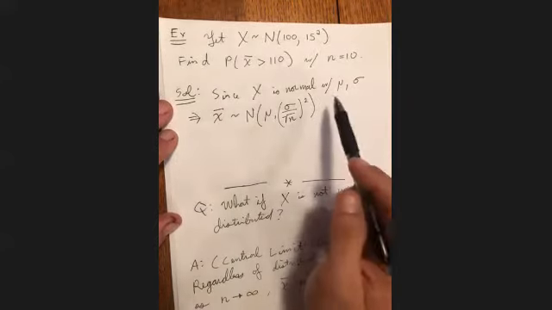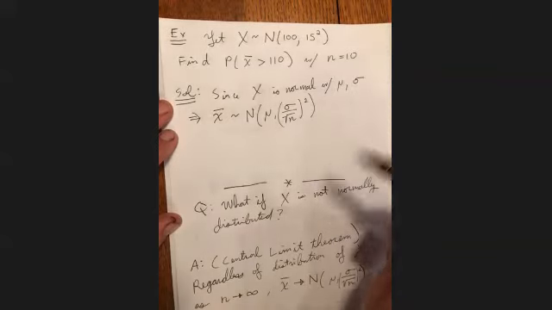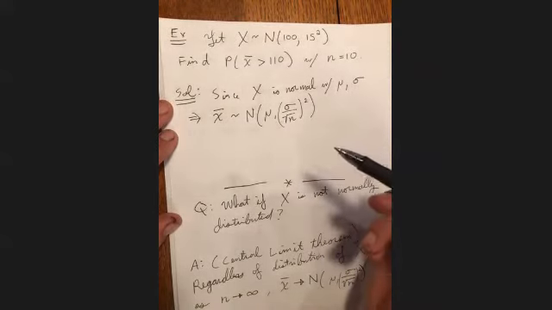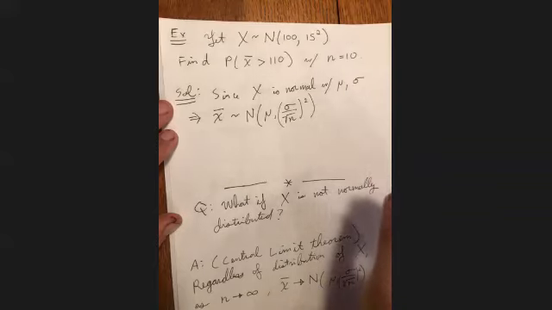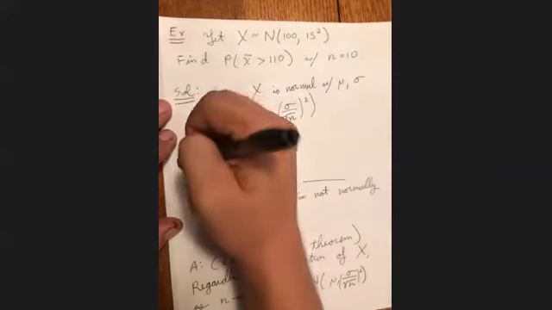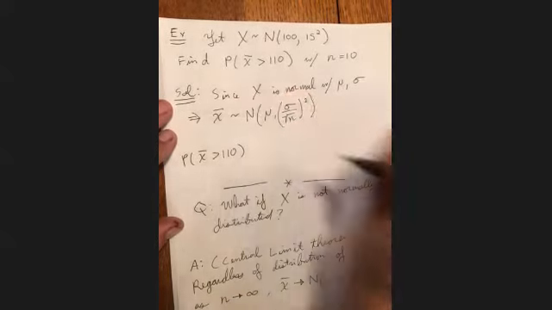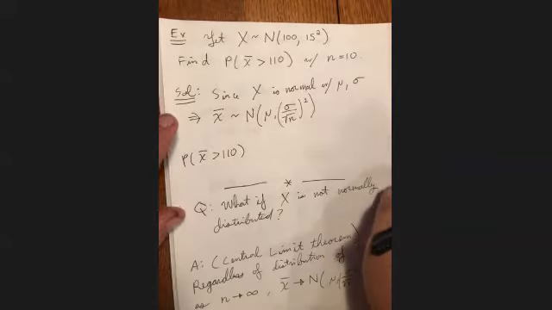So that's the first step: since we know the population is normal, we also know the sampling distribution for the sample mean is also normal. So we have to make that logical connection. Once we know that X bar is normally distributed, then finding this probability is straightforward.